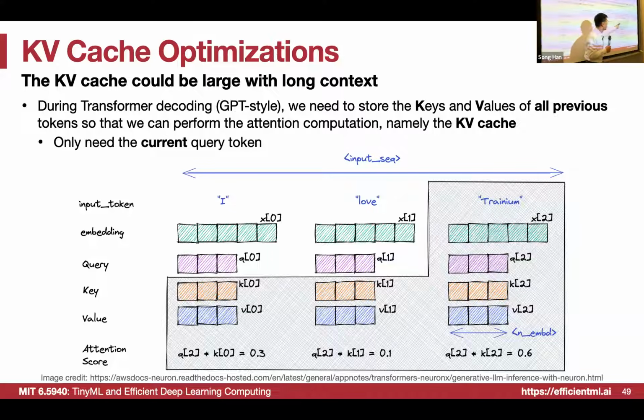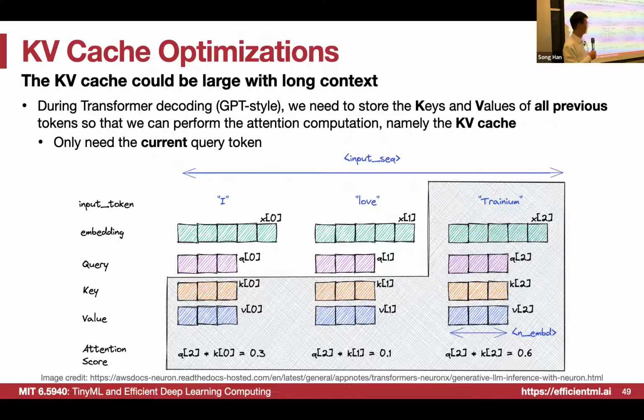Q2, the query of the new token, is going to multiply with K0 to calculate the similarity. Remember the YouTube example: this is the search bar, and this is the video's description. We want to see the similarity before we do a weighted sum of the values V. Q2 and K0 is 0.3, Q2 and K1 is 0.1, and Q2 and K2 is 0.6.